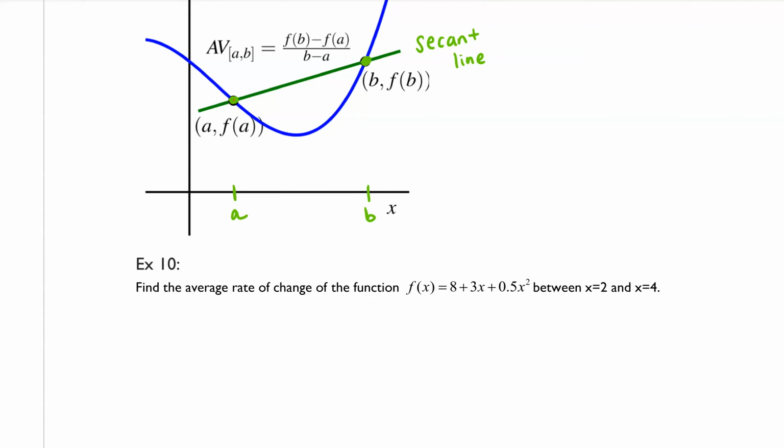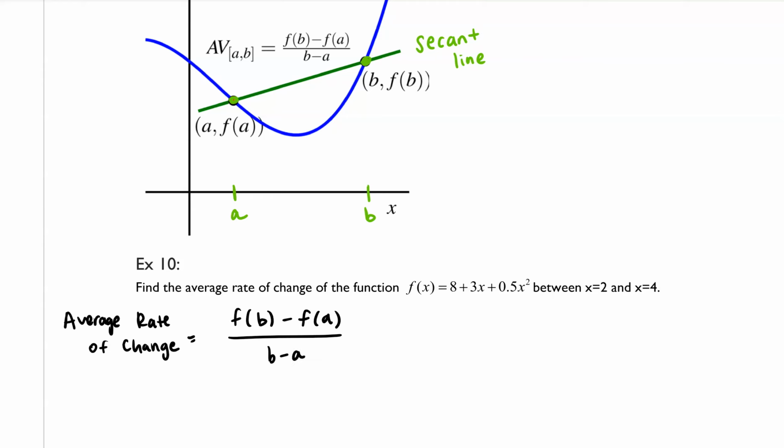So what we want to do is follow the formula. So our average rate of change is equal to f of b minus f of a over b minus a. And notice here our a is 2 and our b is 4.